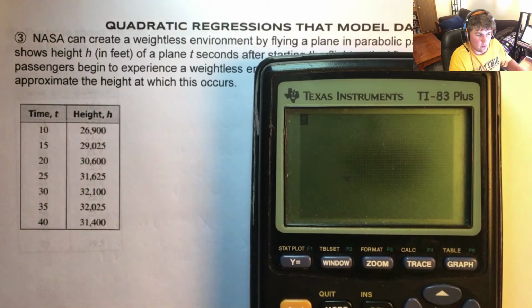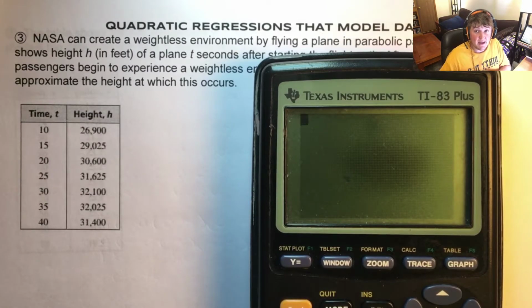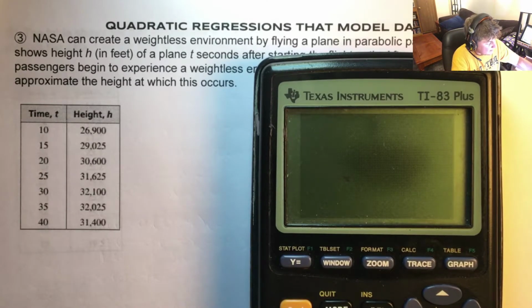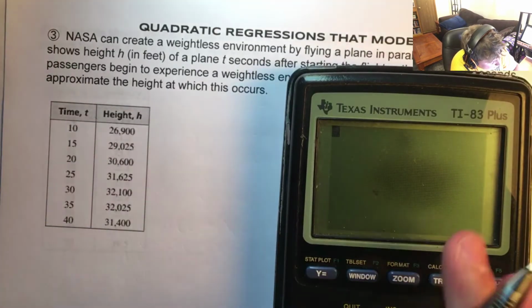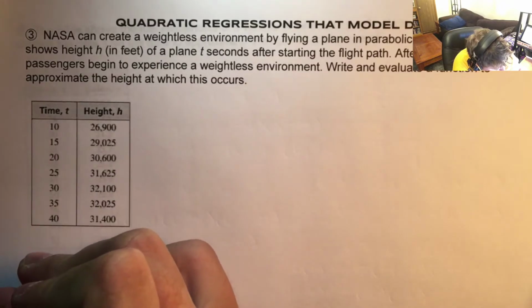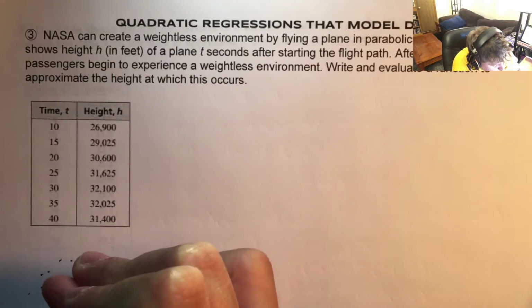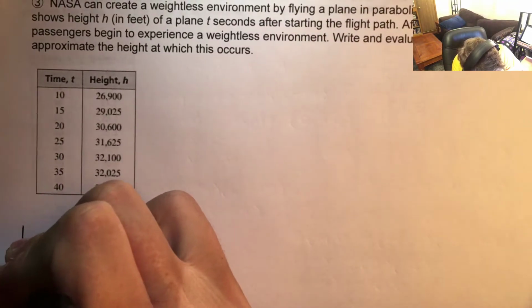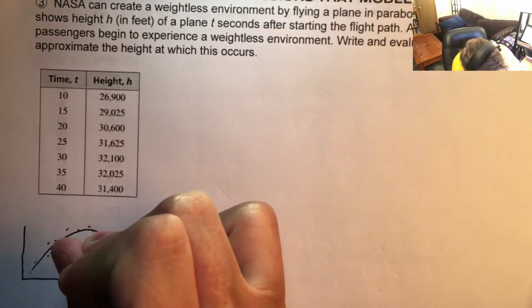We've already learned how to write some equations by hand. What if we're just given a whole bunch of ordered pairs and we want to know what curve could best represent this? So let's say we have some ordered pairs like this. If I put them on a graph, they kind of follow an arc, like a parabola.